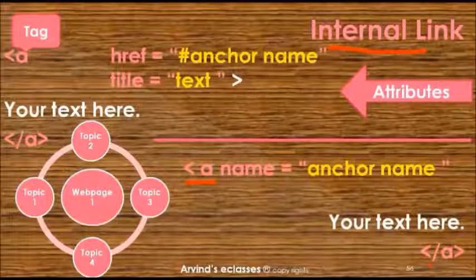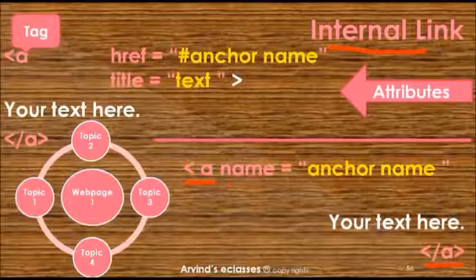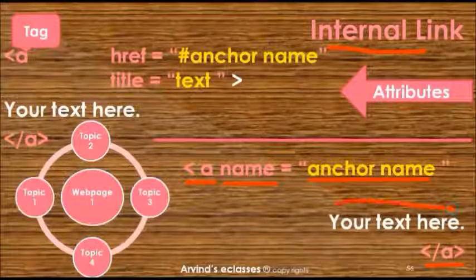It is the anchor tag, it is the end of the anchor tag. Next we are using name, and here you will put any name, any alphabetic name, it's your choice, and here you can put any text. Okay, it is the first part of the internal link. Come to the second part.